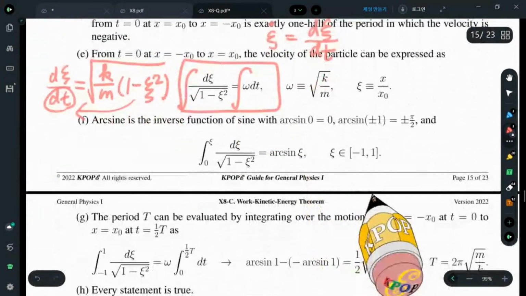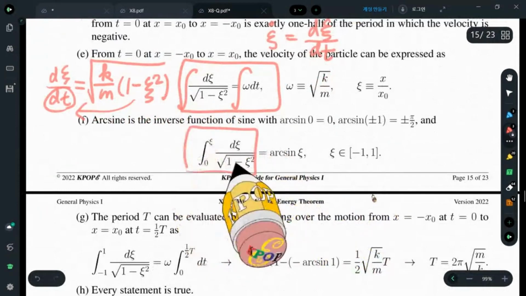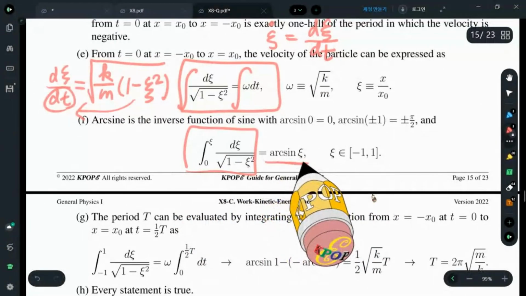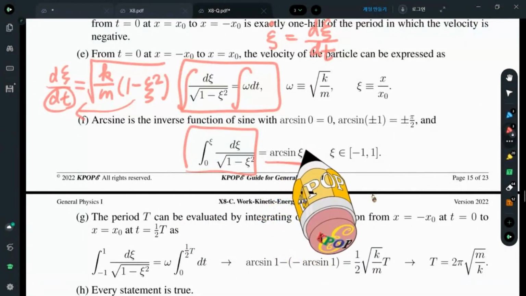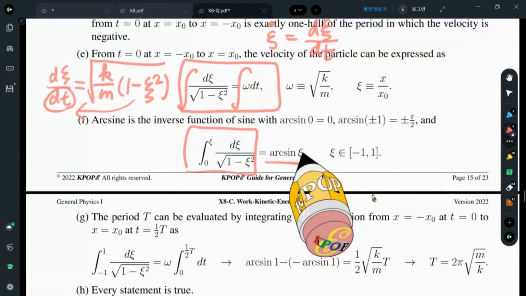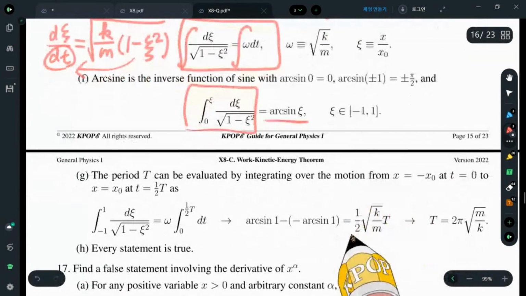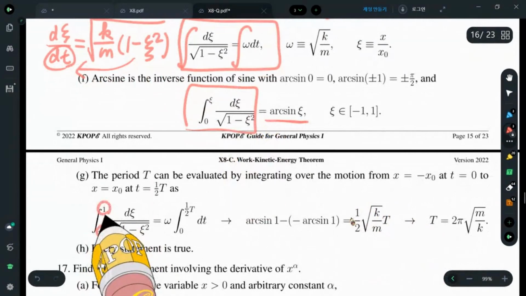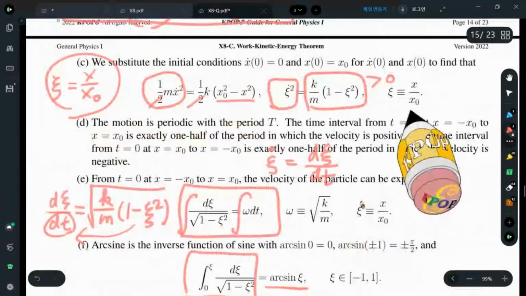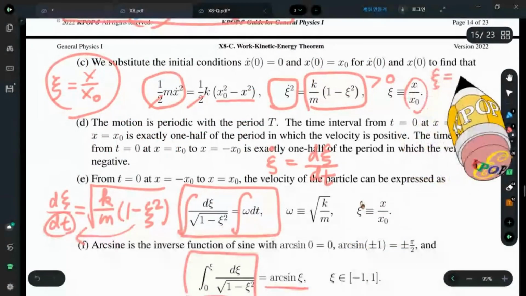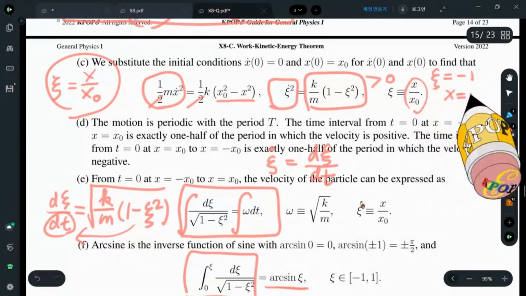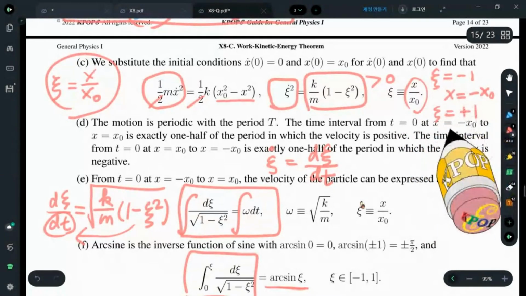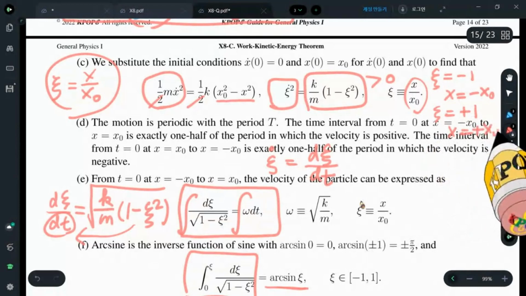And we are already familiar with this integral. This is the arc sine. Arc sine is the inverse function of sine. So from -1 to 1, what is -1? C equals -1 means x equals minus x0. C equals +1 means x equals plus x0.